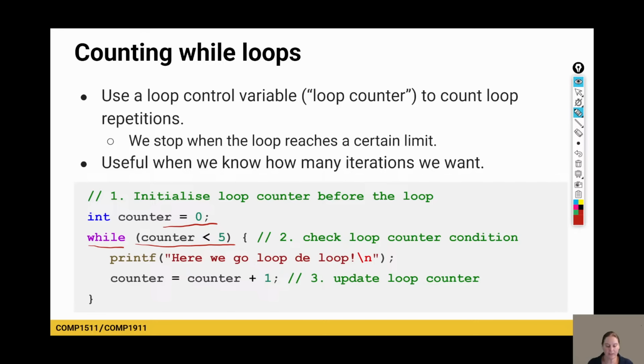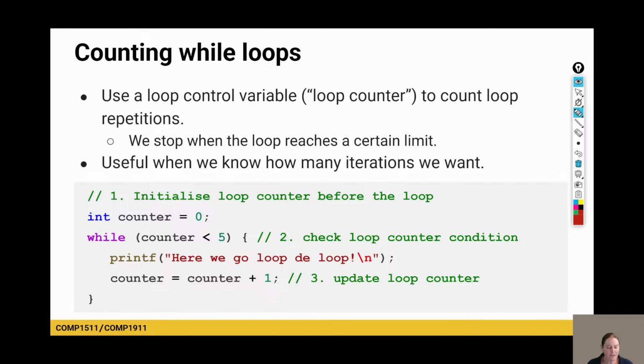So we're going to keep doing this loop while counter is less than 5. Inside the loop, we've got a print statement, here we go, loop-de-loop. And then we've got this very important thing, an increment to update the counter, because we eventually want this counter to get to 5 so the loop can stop.